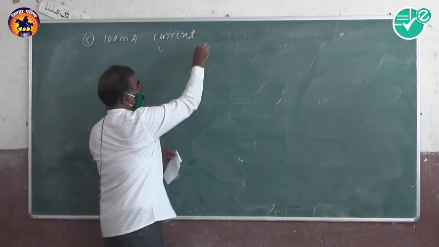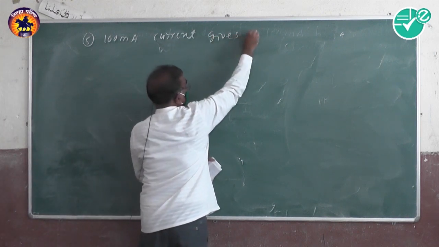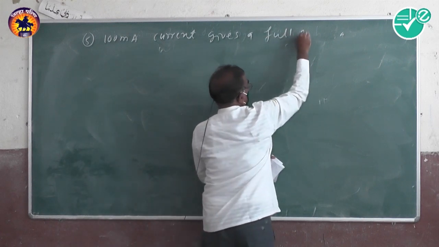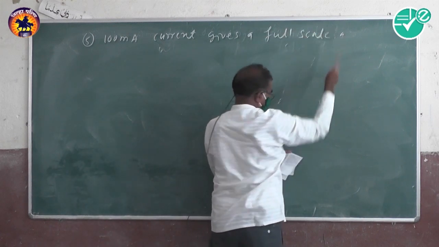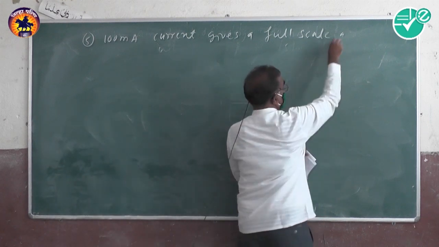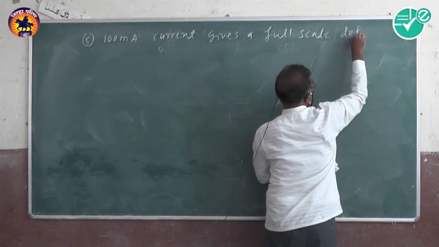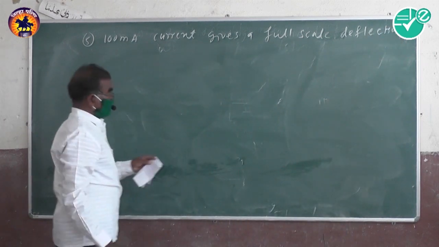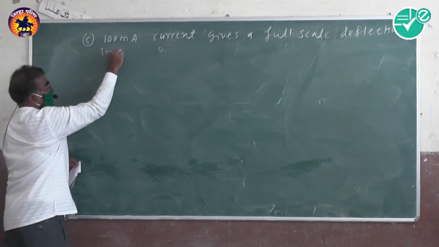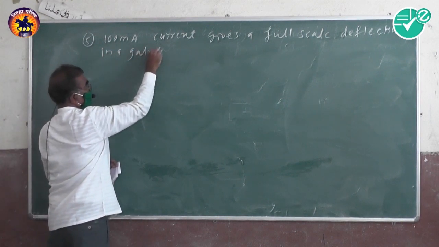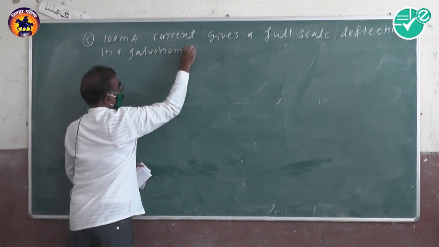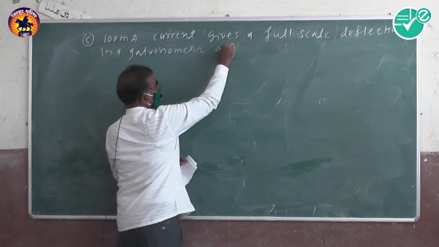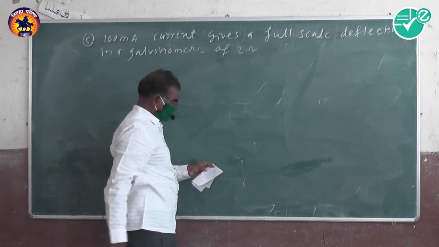A current gives a full scale deflection in a galvanometer of 2 ohm.